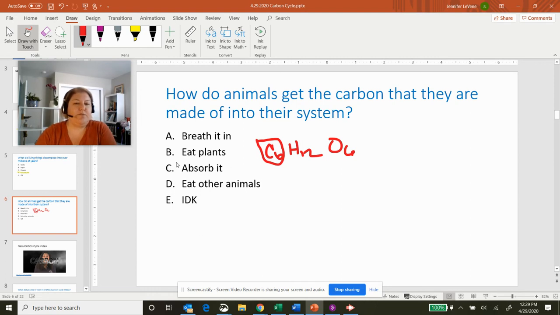No, we don't absorb it from our atmosphere. And when we eat other animals, we aren't getting carbon, we're getting amino acids. So two totally different things. So no carbon, just amino acids because we usually eat the muscles or the bones of the animals. So the answer is we eat plants, and that's how we get it.